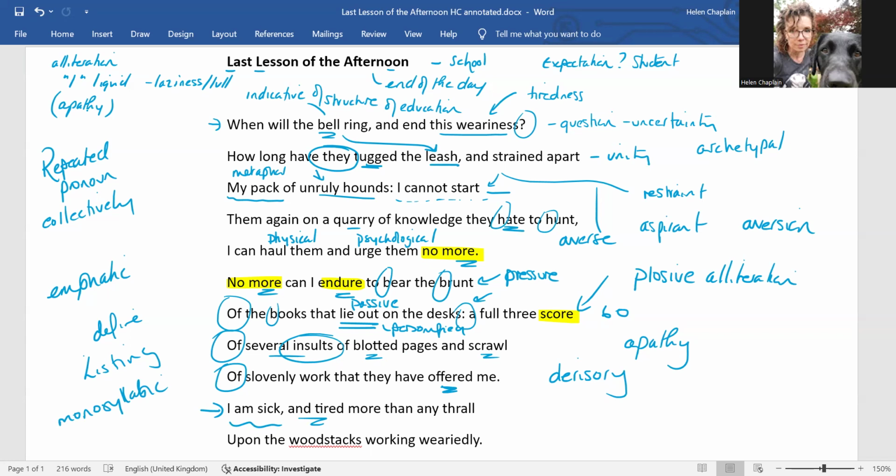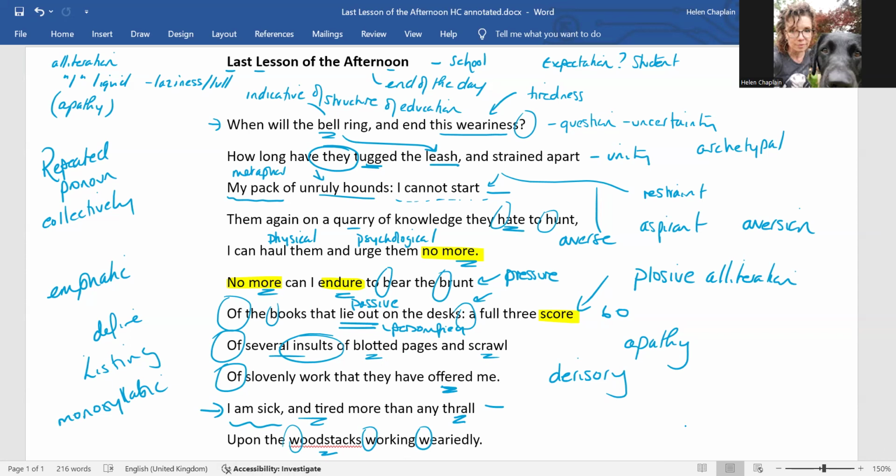And again, it's that physical and psychological drain upon him. And thrall is service or servitude. So he's saying this is tiring him more than any service, more than any physical work, stacking wood, working wearily. And we can get that sense of sighing from that repeated, alliterated W there. He really can't be any more exhausted if he was physically doing everything he could.